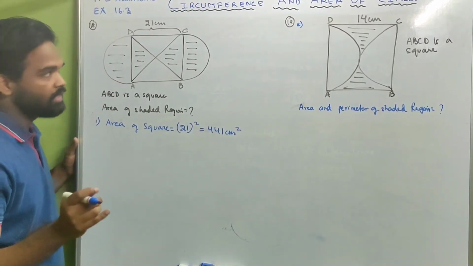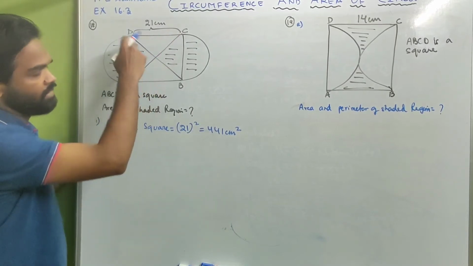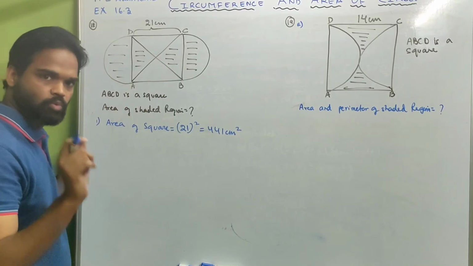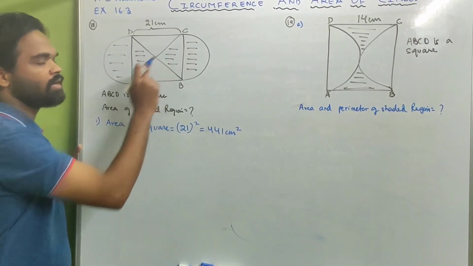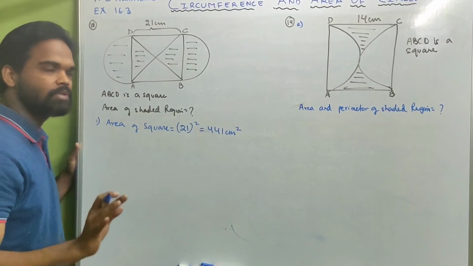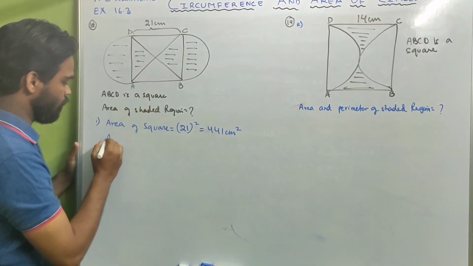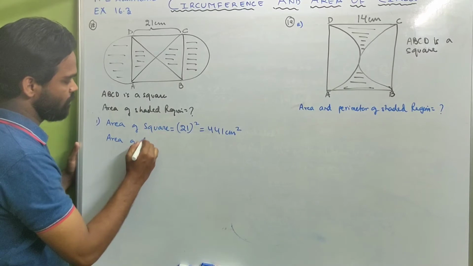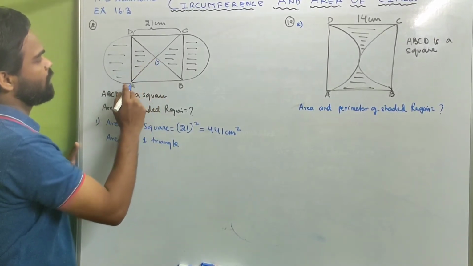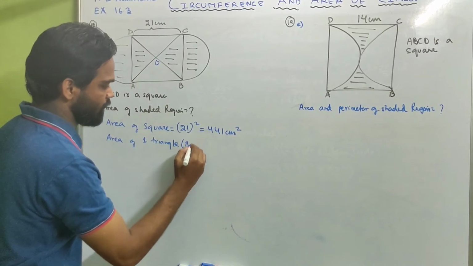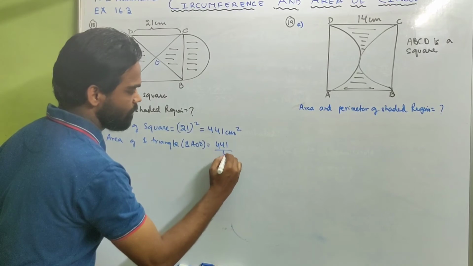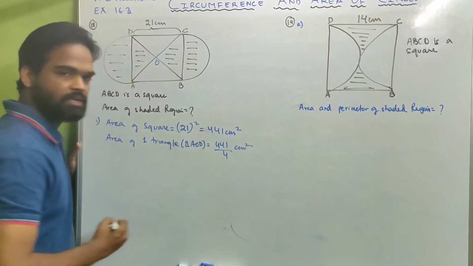Now we know the diagonals divide the entire square into 4 equal triangles, which means there are 4 congruent triangles whose area is the same, which means area of one triangle, suppose AOD, triangle AOD will be 441 divided by 4, isn't it?